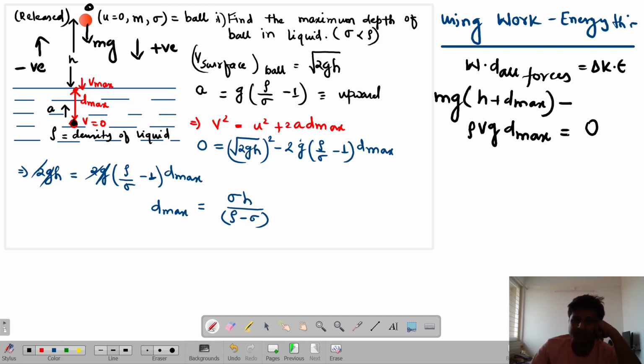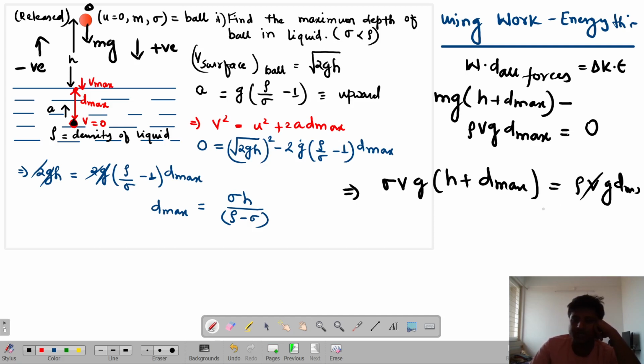So the equation is simply mg, which is sigma into volume into gravity g, times h plus d max, is equal to rho vg into d max. If you cancel this v and g, it's very simple.